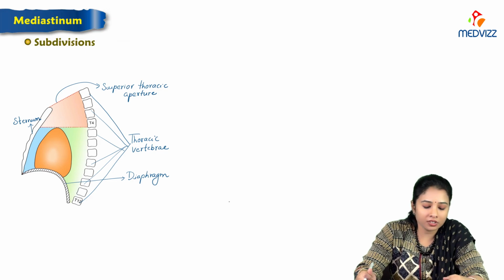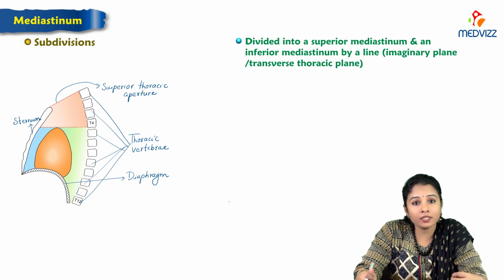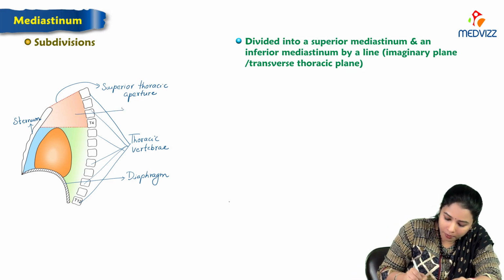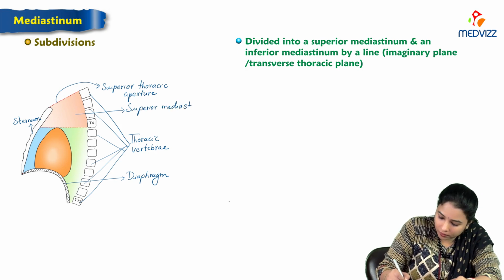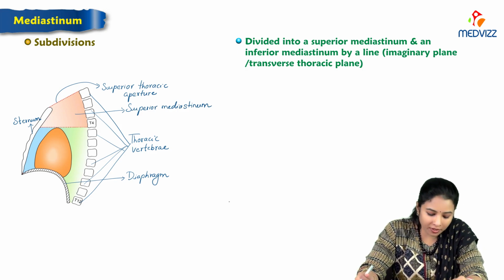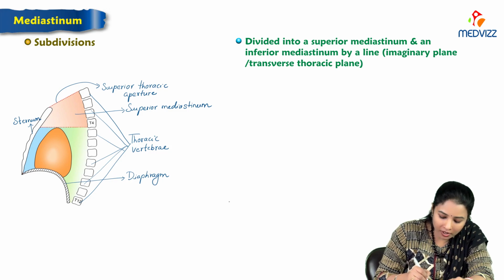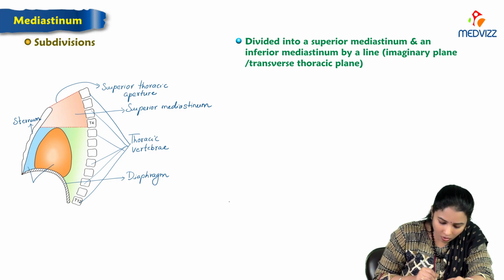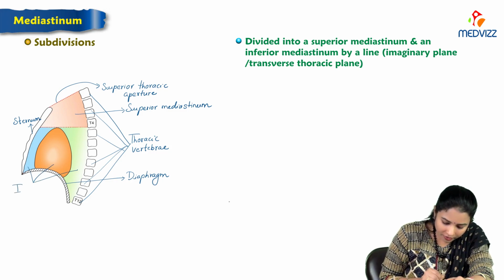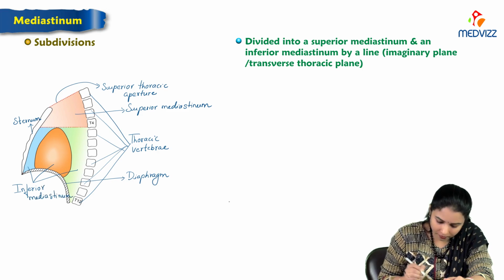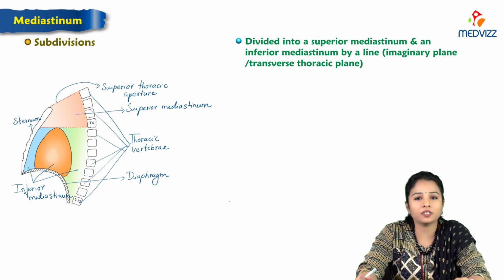Let's see the subdivisions. The mediastinum is divided into the superior mediastinum, the pink shaded area, and the inferior mediastinum, by an imaginary horizontal line up to T4. These three areas together are called the inferior mediastinum.